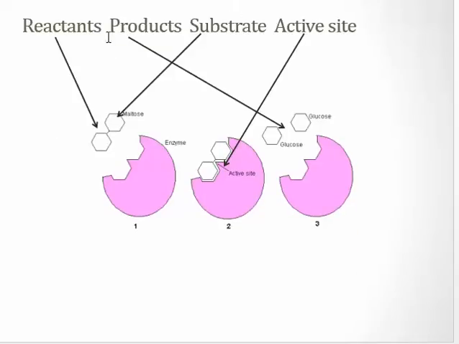So see, I've got reactants. Is this maltose? Products are the two glucose molecules. So that means two glucose molecules give you a maltose. And maltose is what type of carbohydrate? That's right, a disaccharide. And the reactants are also the substrate, and then the active site is where the reactants, or where the substrate, can meet.